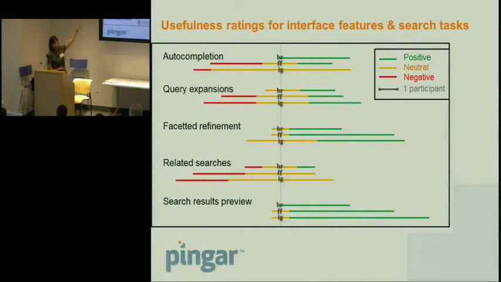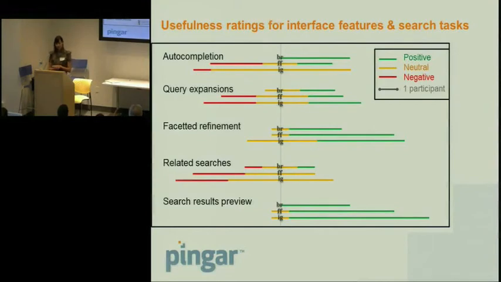If we look at autocomplete, at the very top, you can see that 3 people were performing a browsing task, and they all said that autocomplete is useful as a search feature. People who were performing fact-finding disagreed, and people who were information gathering were predominantly neutral with respect to autocomplete.